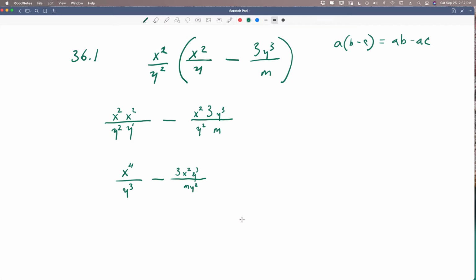All right, and you can see how that distribution works. It's just what's across the top stays across the top. What's across the bottom stays across the bottom. The two do not mix, right? Not yet. We'll work that out later.